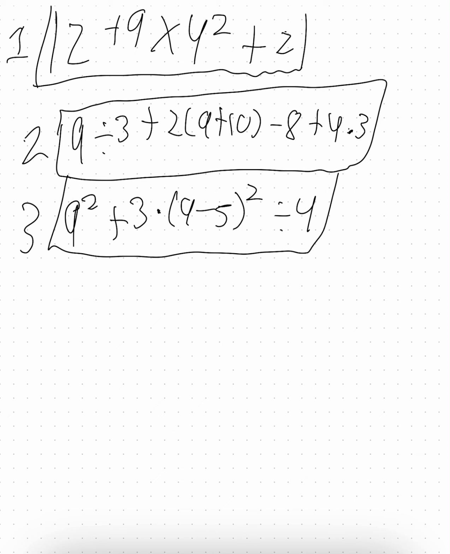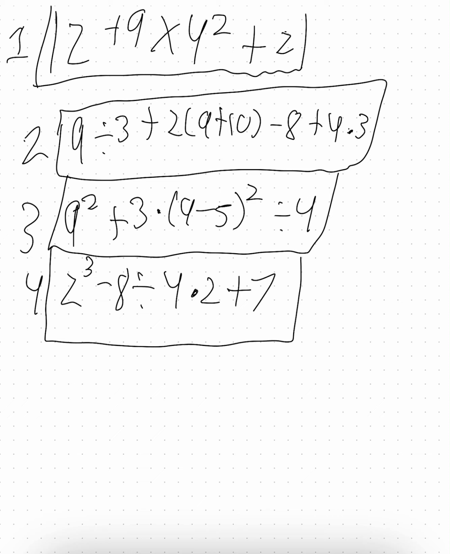We'll do one more. 2 to the third power minus 8 divided by 4 times 2 plus 7. We'll do that one as well. Pause the video if you need, and I will solve these problems when you're ready.